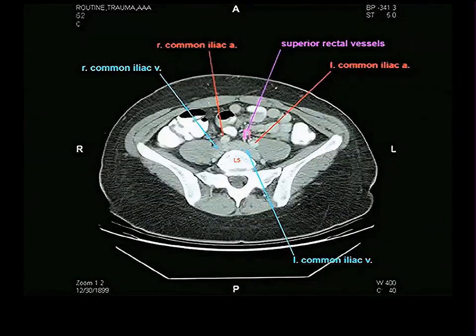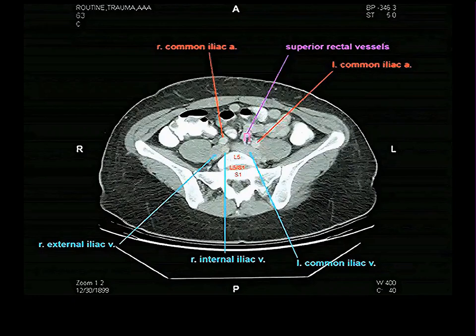Down, down. All right, now we're seeing the common iliac veins more separate from one another. Down. And now I have labeled this the right internal iliac vein and that the right external iliac vein, whereas I've still called this the common iliac.